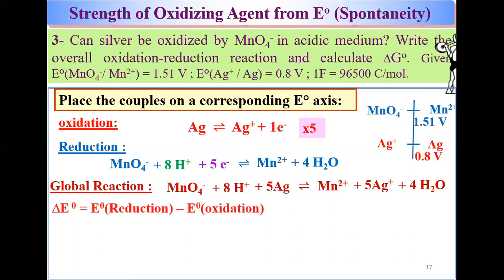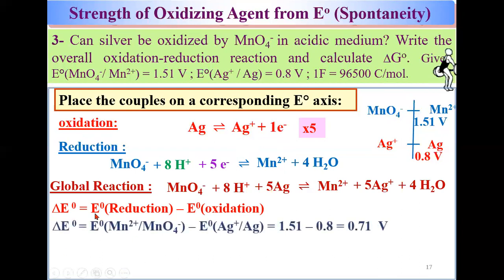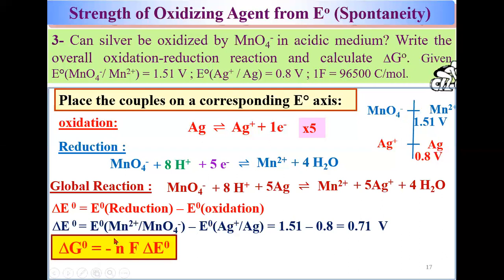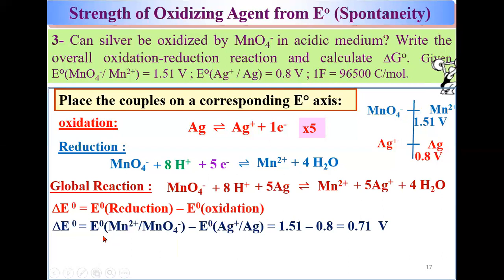Delta E naught for the reaction is E reduction minus E oxidation, which is actually the reduction potential minus the reduction potential of the other couple. Okay. So E naught of the manganese couple minus the E naught of the silver couple. So of course, guys, on an exam, you don't have to sit there and write E naught of this couple and write them in the form ox divided by red.